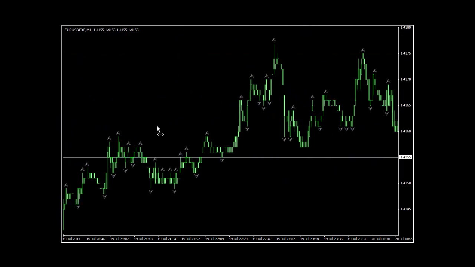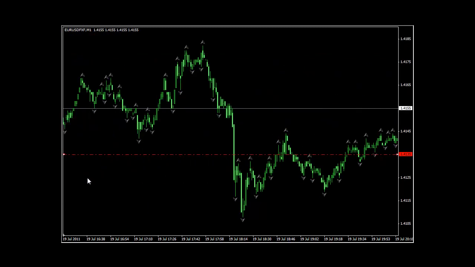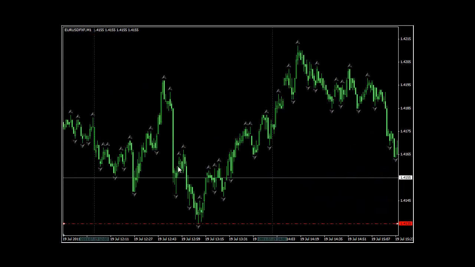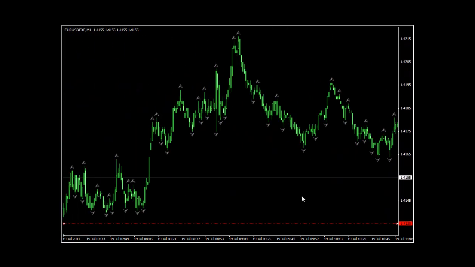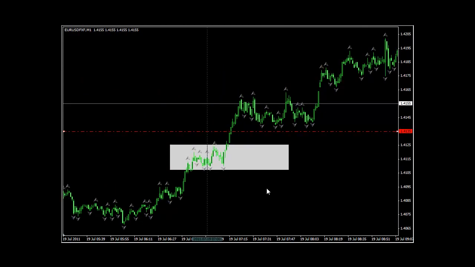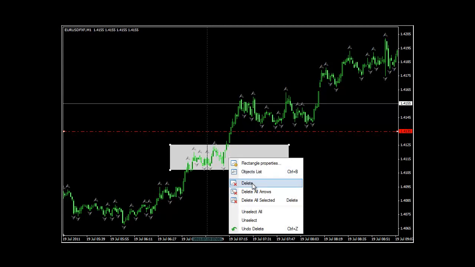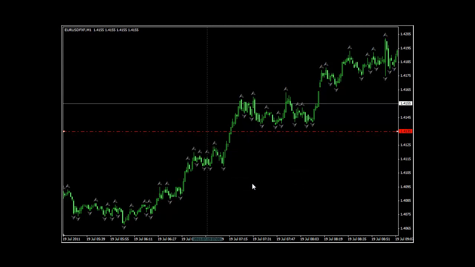And we've got to scroll back. And this concept was introduced multiple places just using a rectangle tool.